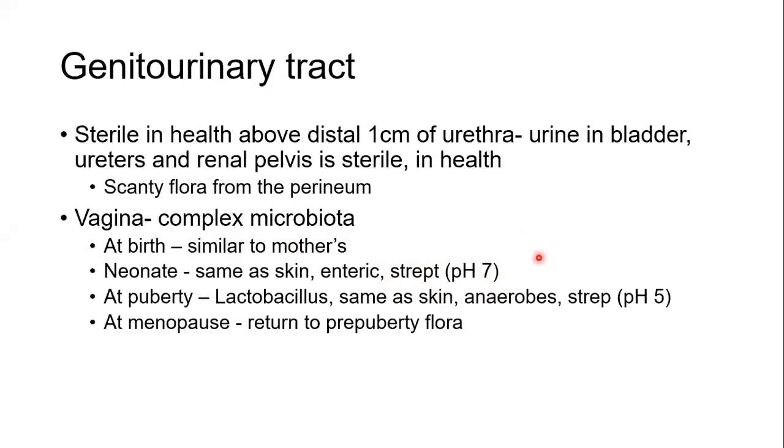And that's mainly related to the pH, which also changes with the different ages. At puberty, it's more of lactobacillus. And the lactobacillus profile is another field of study that's quite extensive currently, particularly in relation to HIV. And that's something that you can search on and read about.